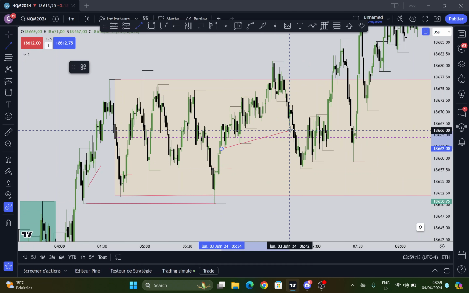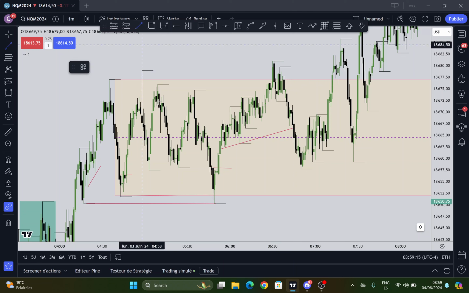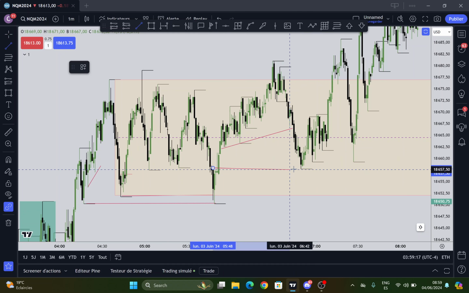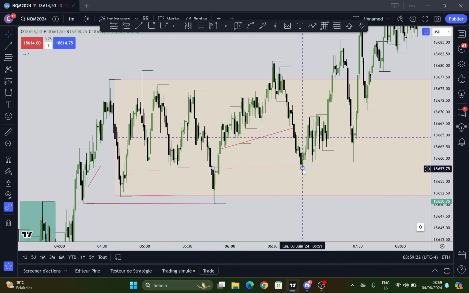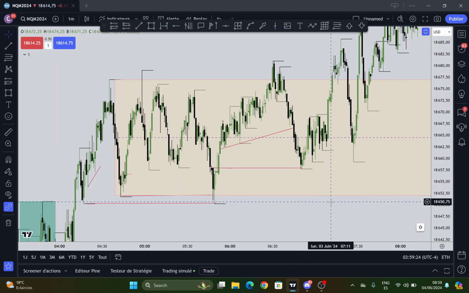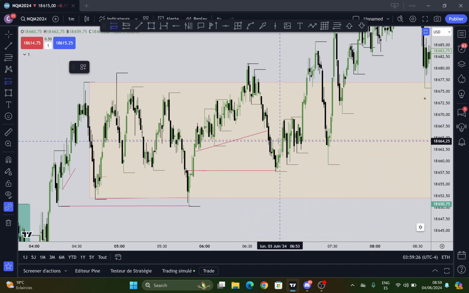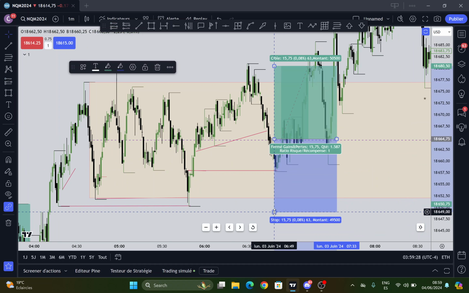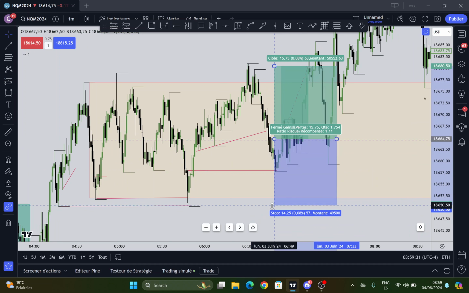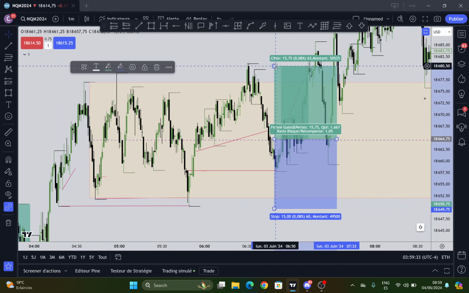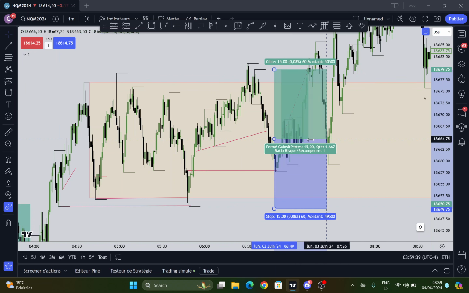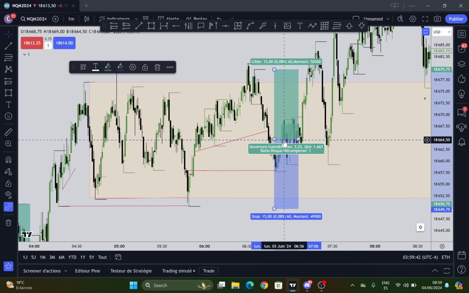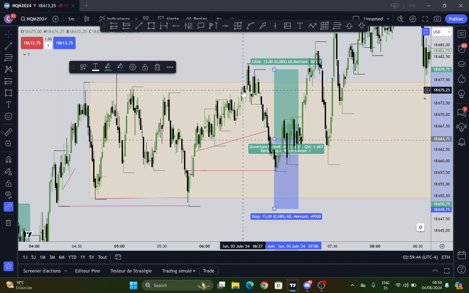Wait for it to be taken, and we had also this orange. So for precision, you can wait for price to come back to the CSS, or as I always tell you, you can play the one-to-one, cover the lows, and go for a one-to-one. That's the simple trade here.